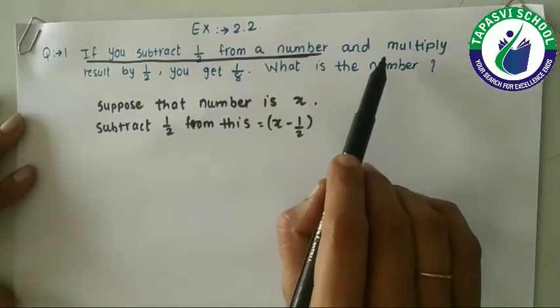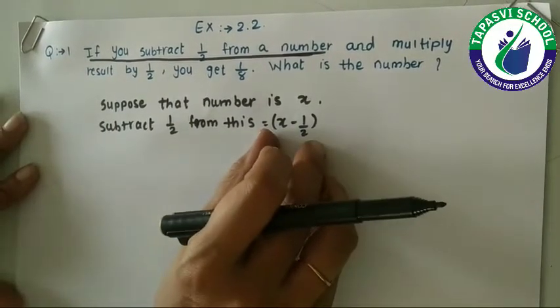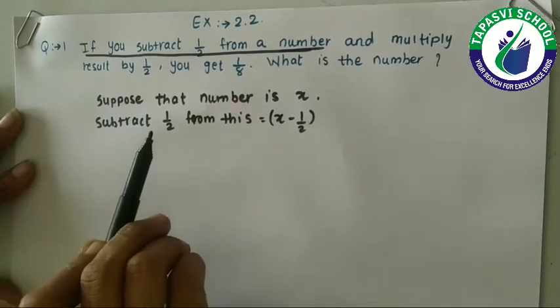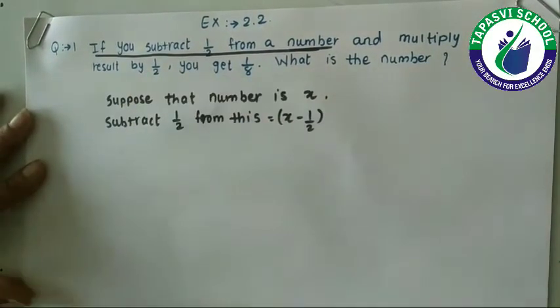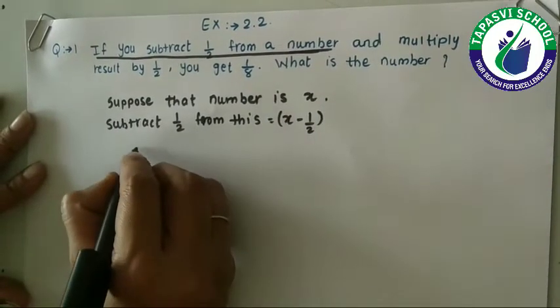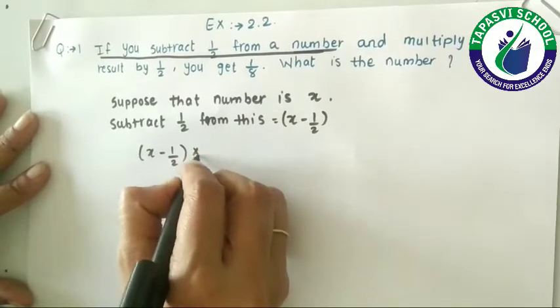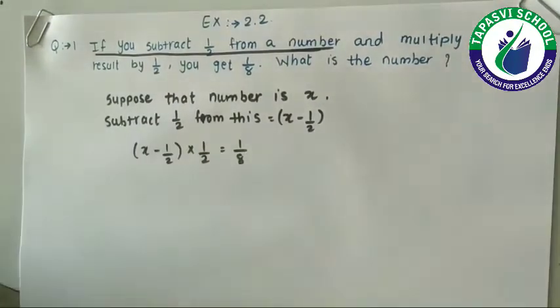Now it is given, multiply the result by 1 upon 2. So whatever result I got, I am supposed to multiply it by 1 upon 2. And if I am multiplying this number by this, I am getting the result 1 upon 8. So it will become x minus 1 upon 2, into 1 upon 2, is equal to 1 upon 8.